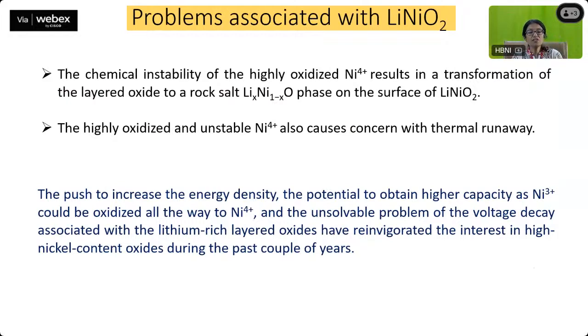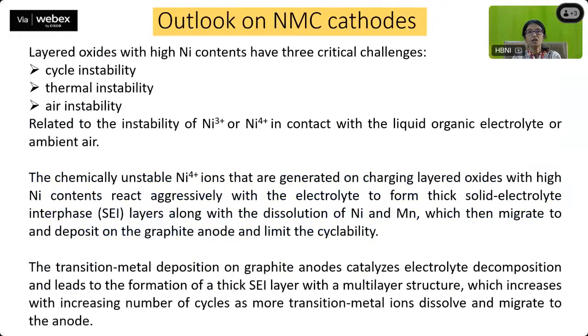The push to increase the energy density, the potential to obtain higher capacity as Ni3+ could be oxidized all the way to Ni4+, and the unsolvable problem of the voltage decay associated with lithium-rich layered oxides have reinvigorated the interest in high nickel content oxides during the past few years.